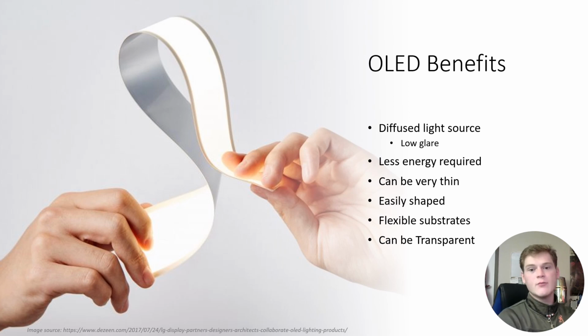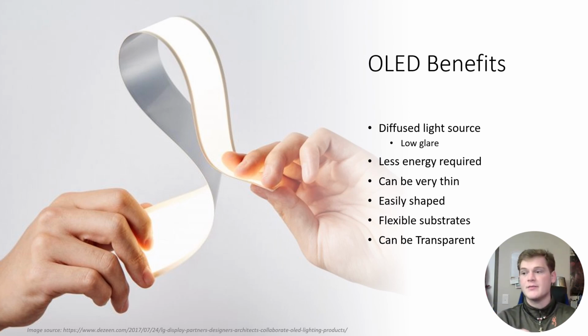As well as being more efficient, they can be very thin and they can even be flexible, depending on what materials make up the organic LED. This can allow you to place it in intricate corners or geometries and create different fixtures that are pleasing to see. Organic LEDs are easy to shape.